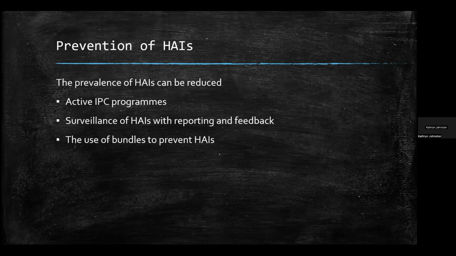Basically, care bundles are simple sets of evidence-based practices that, when implemented collectively, have been shown to produce better outcomes and have a greater impact than the isolated implementation of the individual components of those bundles. So it improves the reliability of their delivery, and collectively, it improves patient outcomes.